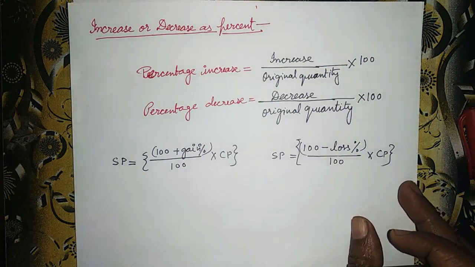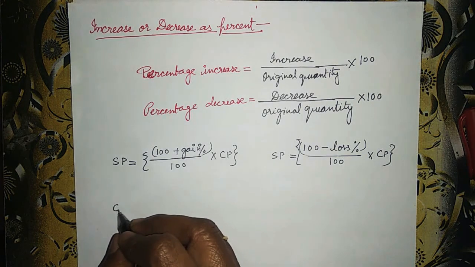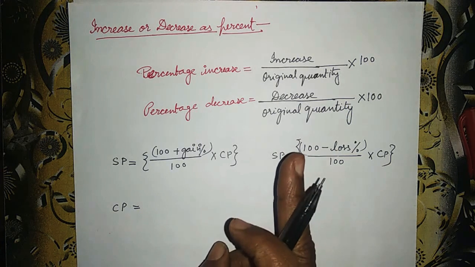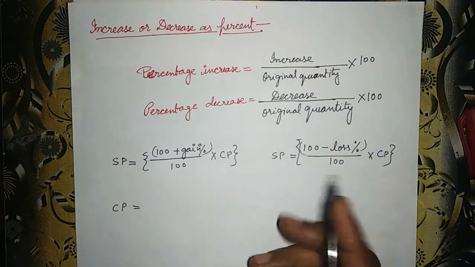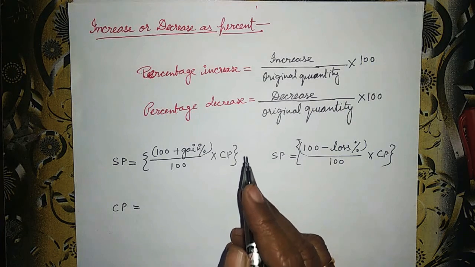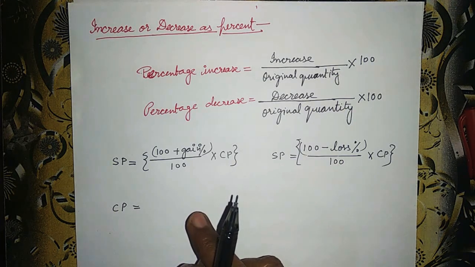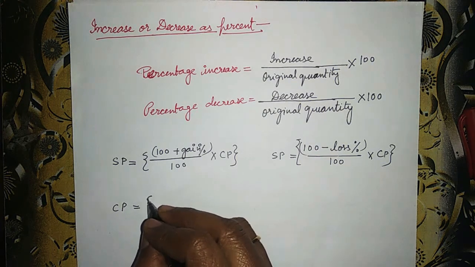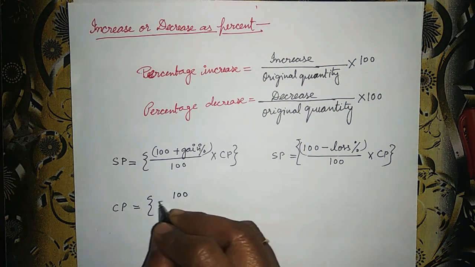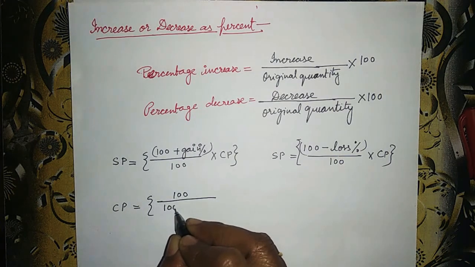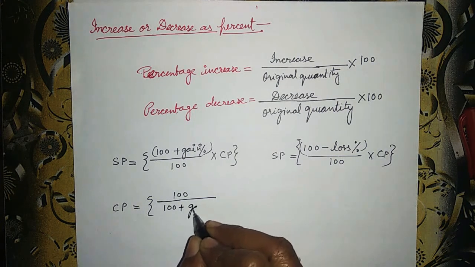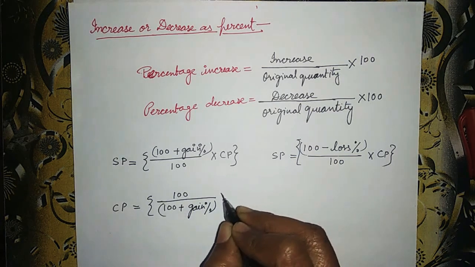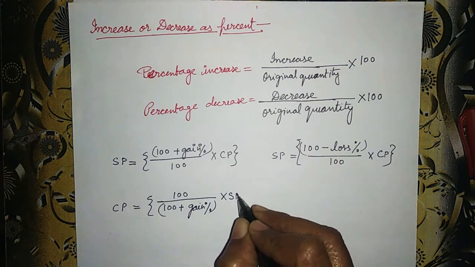Now come to CP. If you know SP and gain percent and you want to calculate CP, for that you will use this formula: 100 upon 100 plus gain percent into SP.